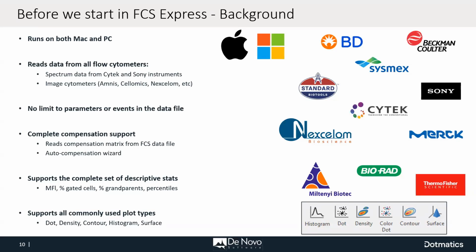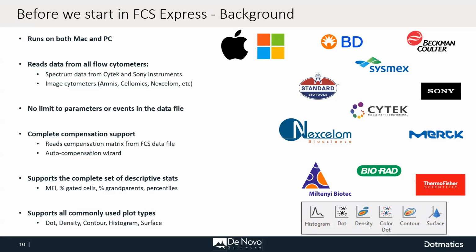We have wizards and tools built into the software to help you succeed and easily proceed with any sort of compensation that you want. We also have the complete set of descriptive statistics. I know managing statistics was something that was in here as well. So working with things like MFI, percent gated, standard deviations, robust standard deviations, of course, that's all here.